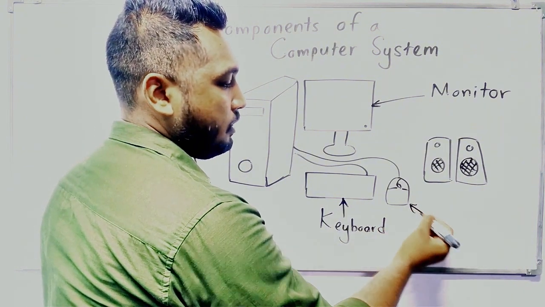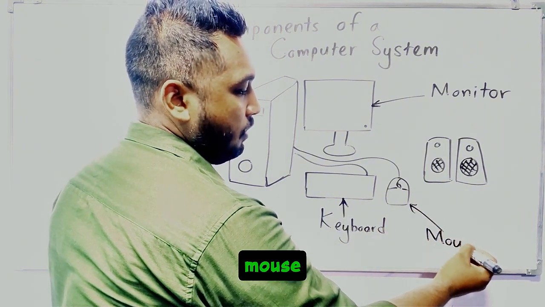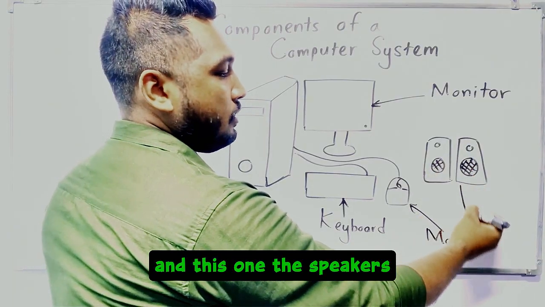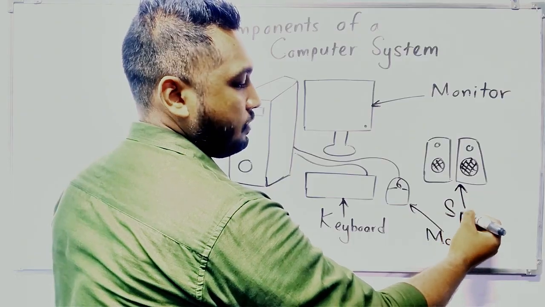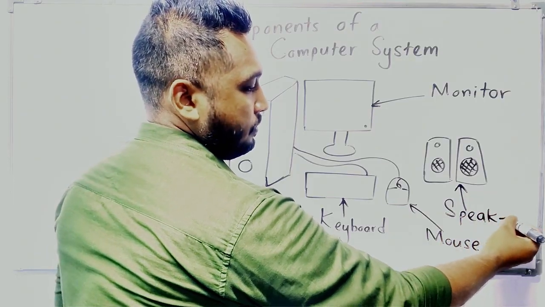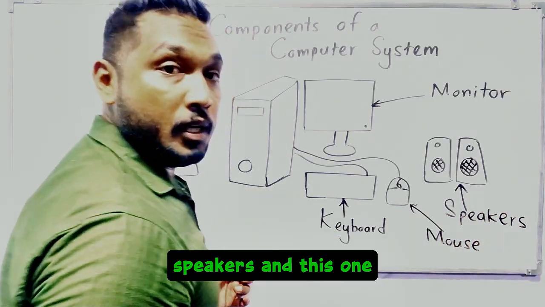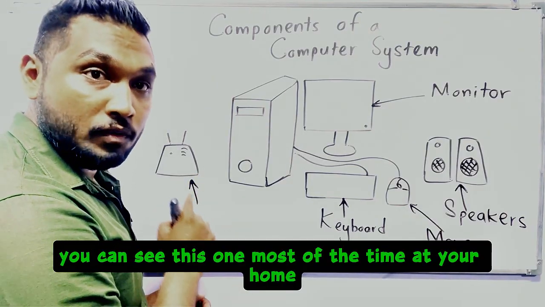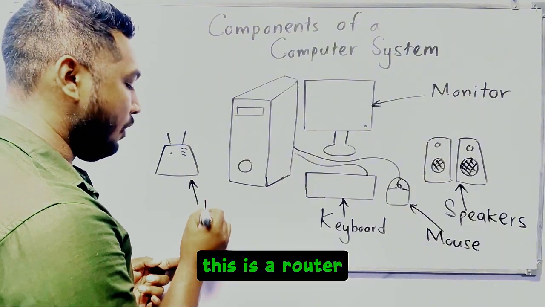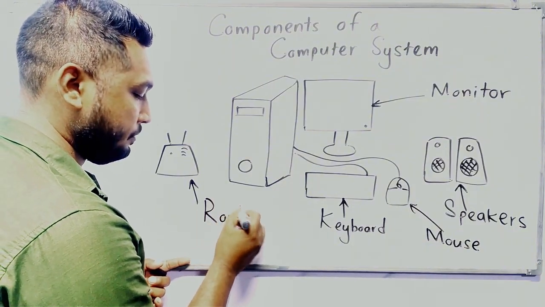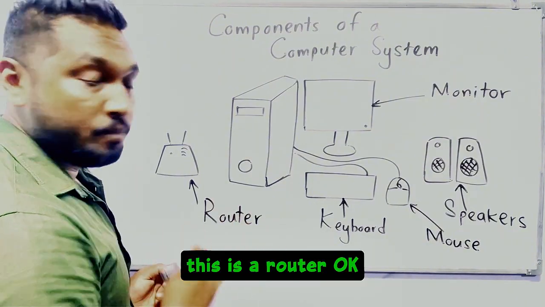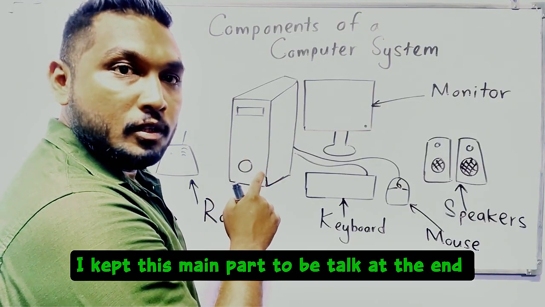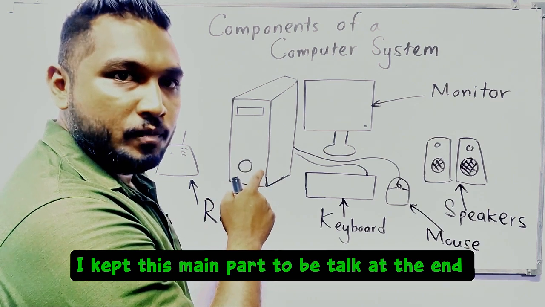This one is the mouse, and this one the speakers. And this one you can see most of the time at your home. This is a router. Okay, I kept the main part to be talked about at the end.